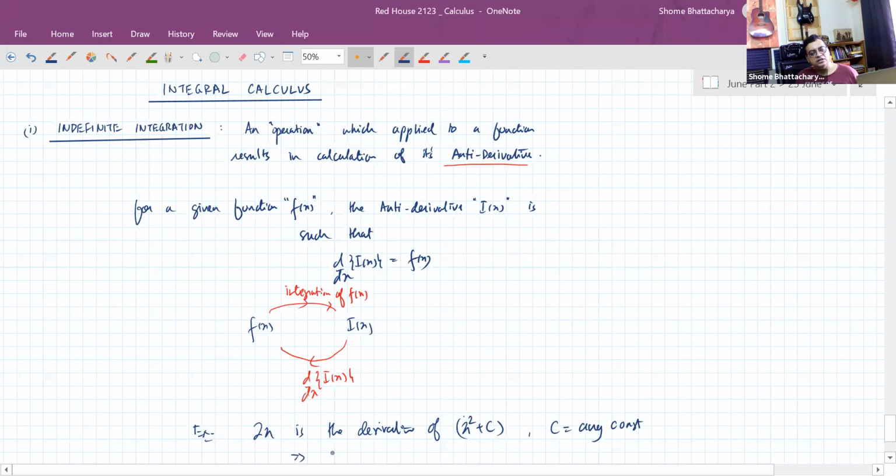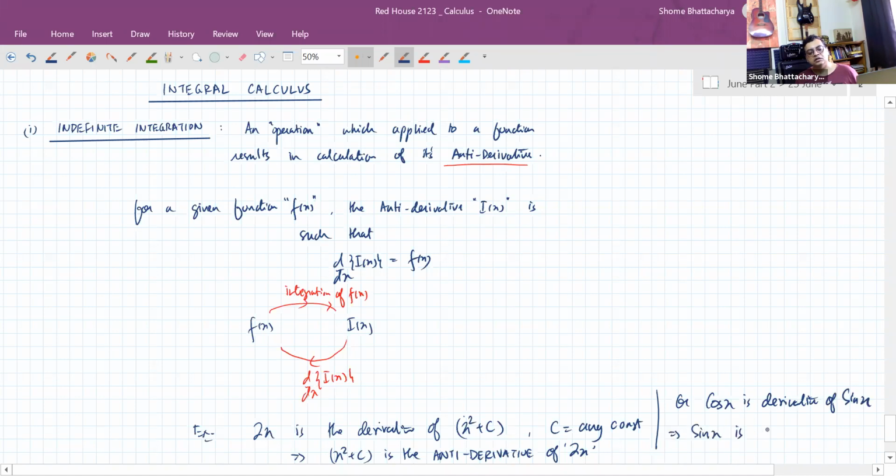Therefore we can say that x square plus c is the antiderivative of 2x. Or cos x is the derivative of sin x, so sin x is the antiderivative of cos x.